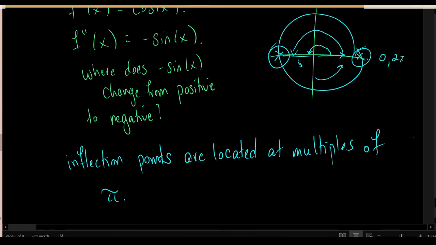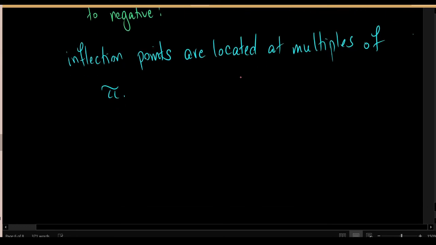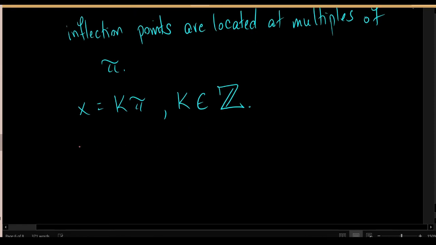Zero, 2 pi, 4 pi, corresponding to the right half of the unit circle, pi, 3 pi, 5 pi, etc., corresponding to the left half of the unit circle. So I could write, for example, k times pi, where k is an integer. K is an element of the set called Z, the set of integers.